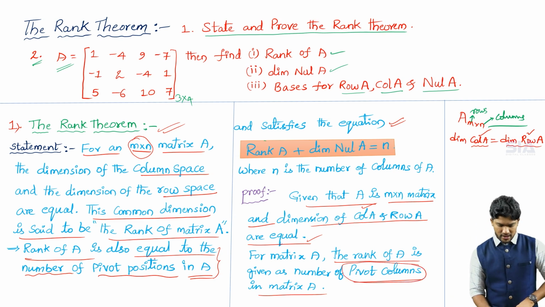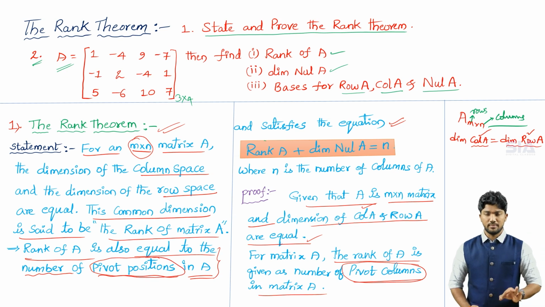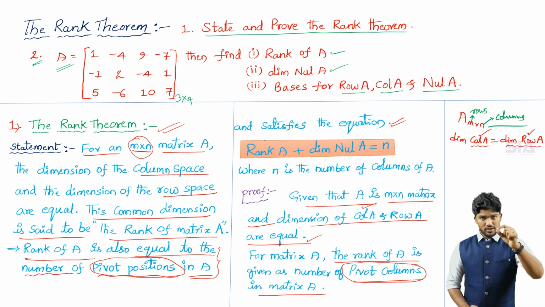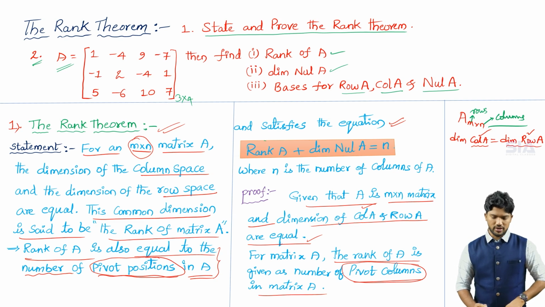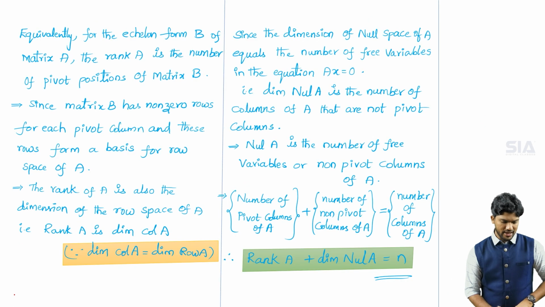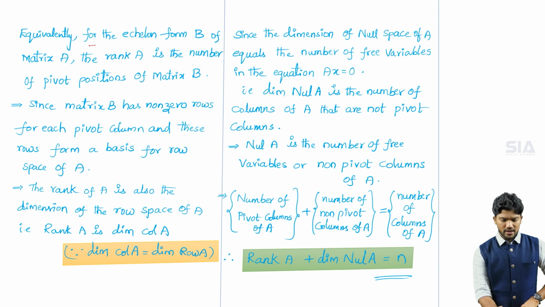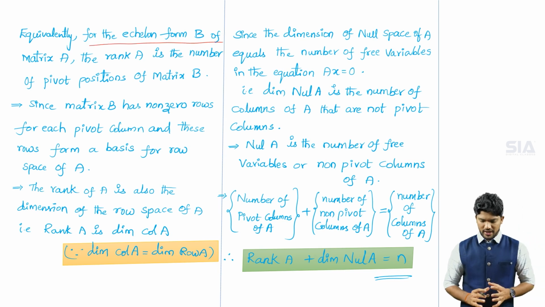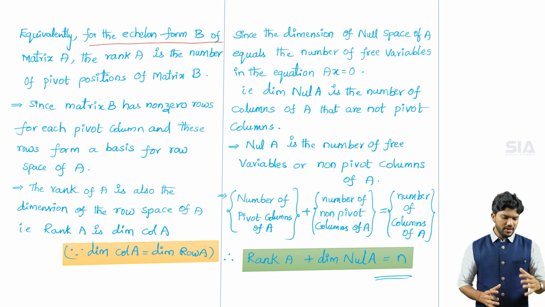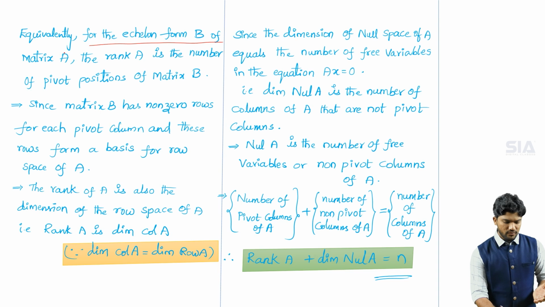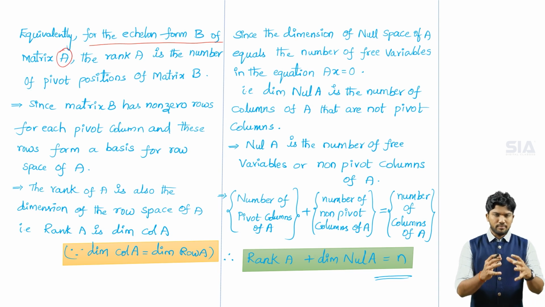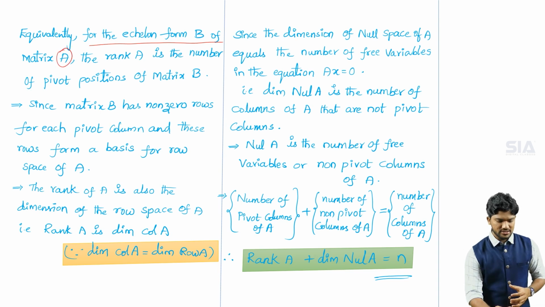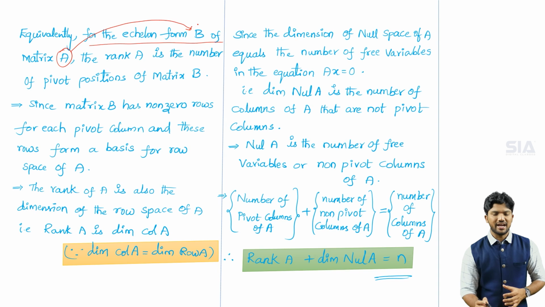Here in the statement we have discussed about the number of pivot positions. If you get the number of pivot positions, that gives the number of pivot columns also. Okay, both are equal. Equivalently, for the echelon form capital B of a matrix capital A, whenever you take a matrix capital A, by applying elementary row operations, that matrix can be converted into echelon form.